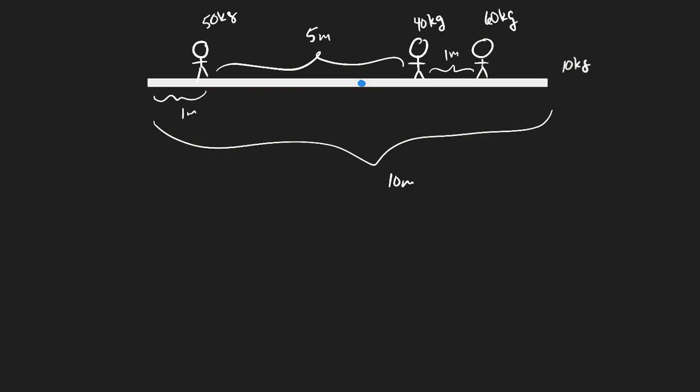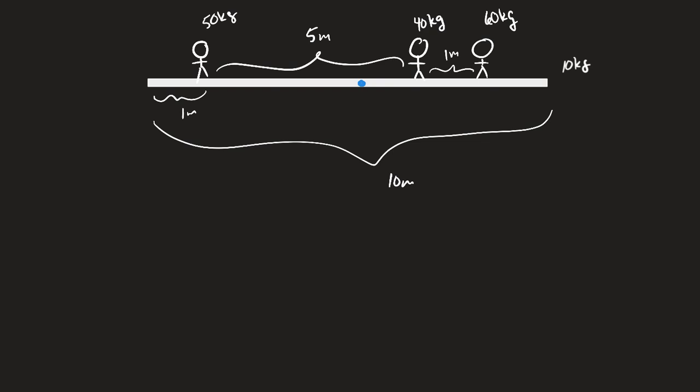Next, are the people appreciably small? Meaning, are they spread out along the x direction in such a way that we can't use them as point masses? I'd argue that the people themselves are relatively narrow, so that in the x direction, we can use their center being their location along the plank.